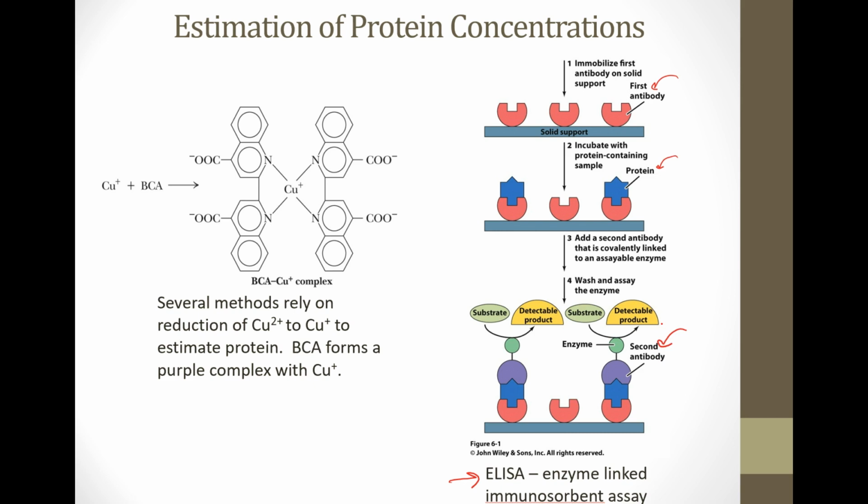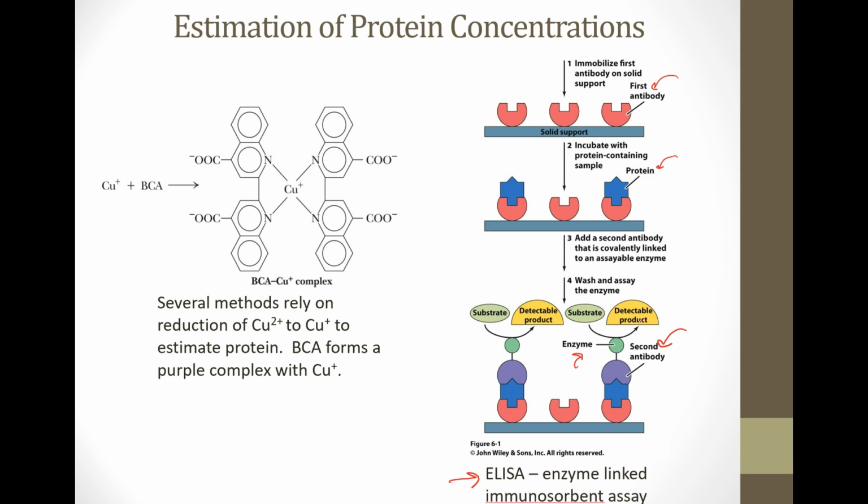Then you add a secondary antibody, which grabs the protein from another spot, and this typically has an enzyme attached to the secondary antibody, which interacts with a specific substrate, giving you a detectable product. And that detectable product can be light emitted in different frequencies. The enzyme itself can be fluorescent.